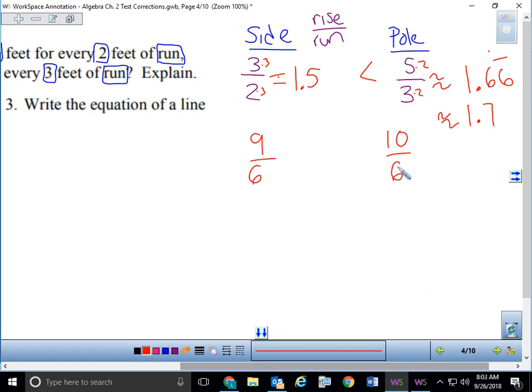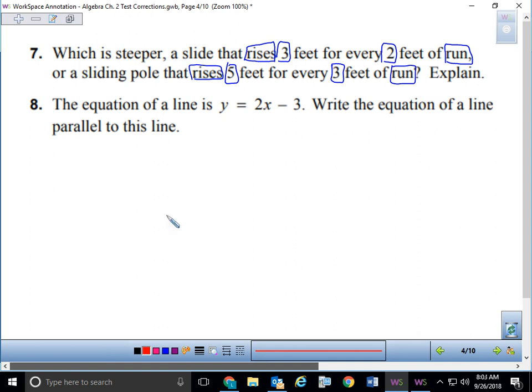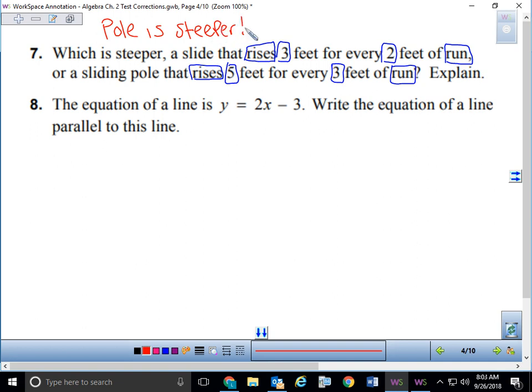To compare fractions, once the denominators are the same, look at the numerators. 10 is bigger than 9, so again, the pole is steeper. The slope is larger, and my math proved this statement. Didn't have to do too much on this one. Don't overthink this.